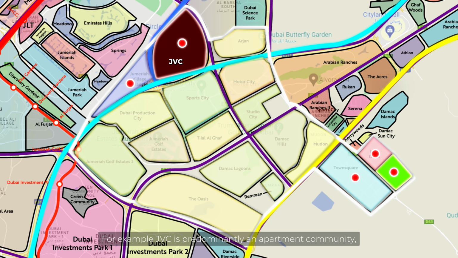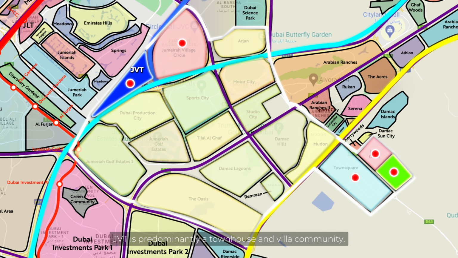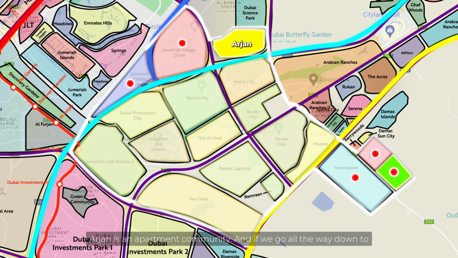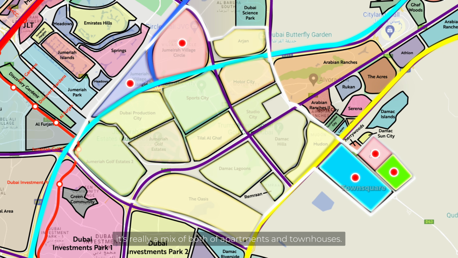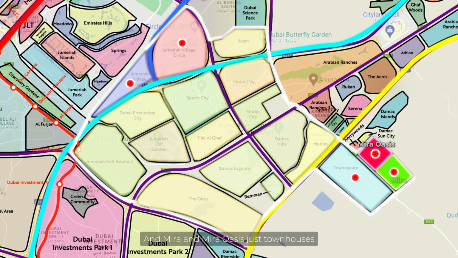For example, JVC is predominantly an apartment community. JVT is predominantly a townhouse and villa community. Arjan is an apartment community. And if we go all the way down to, for example, Town Square, it's really a mix of both, of apartments and townhouses, and Mirror Oasis, just townhouses. So you have a good mix of types of properties in these sort of locations.